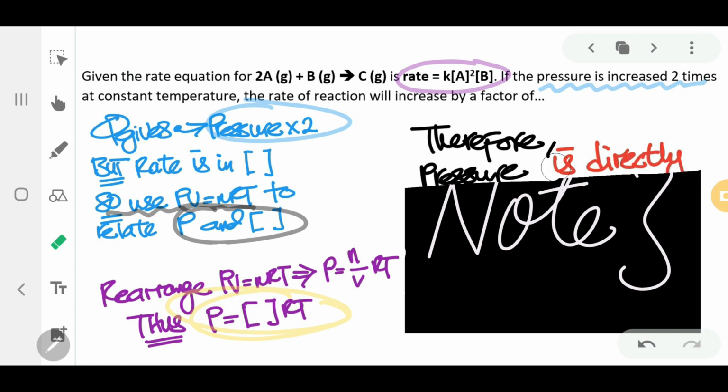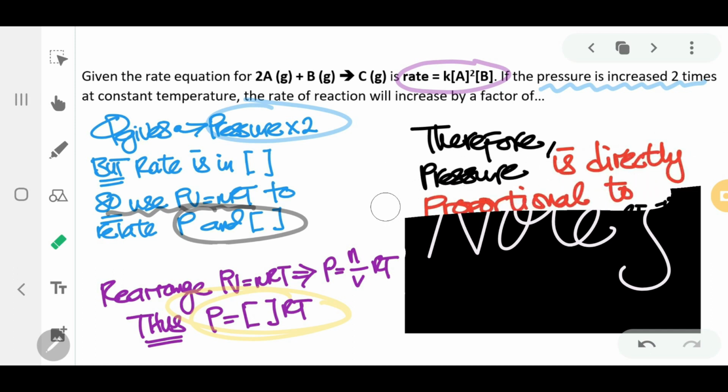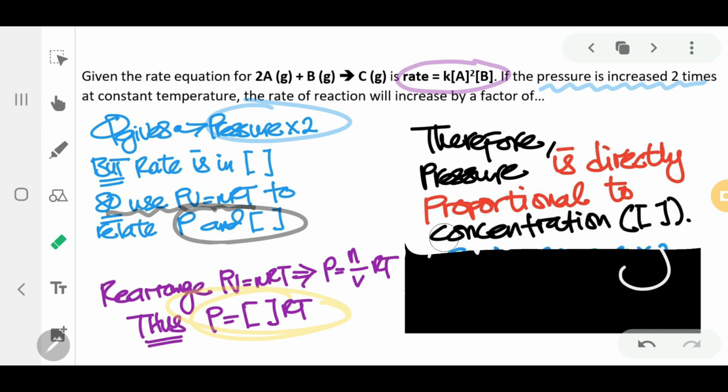From where do we get that? This piece of information over here is generated from the PV equals nRT equation after you have rearranged it.